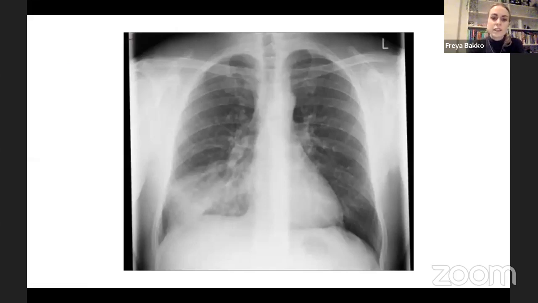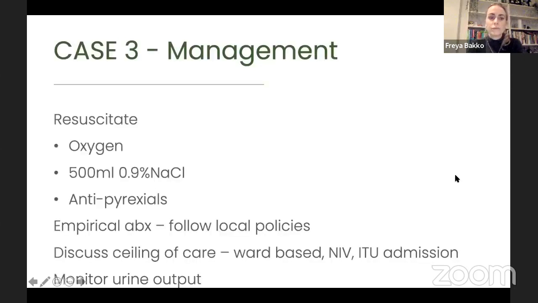As you can see, you have quite a nice middle lobe consolidation on the chest X-ray. So your initial management of a patient presenting with a hospital-acquired pneumonia will be immediate resuscitation, including oxygen. This patient is slightly hypotensive and tachycardic, which might alert you to the fact that he is becoming septic.